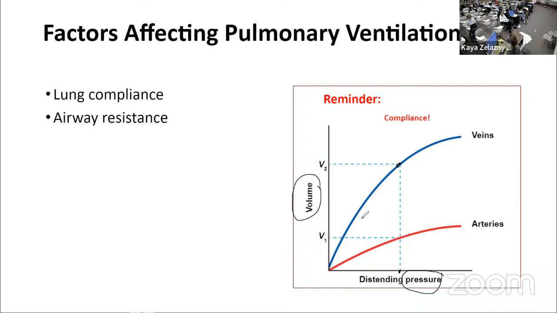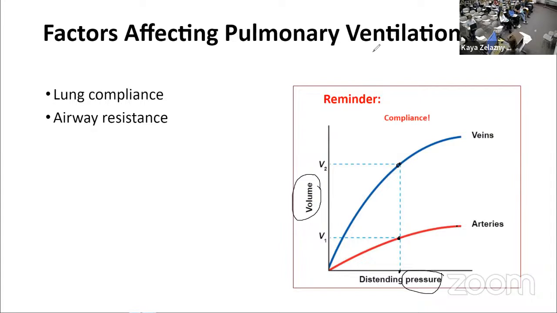So high compliance means a lot of volume for just a little bit of pressure. Whereas when we say something has low compliance, we're saying that just a little bit of volume is available for that pressure, and just a little bit of volume can raise the pressure really high. That's what we talked about when we were looking at our veins and arteries.